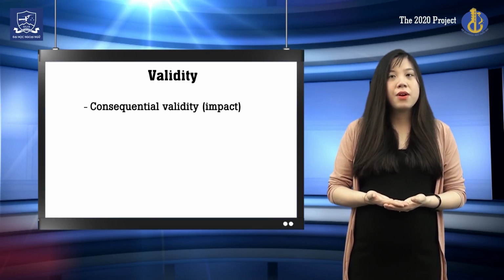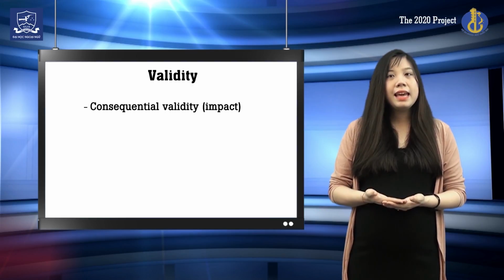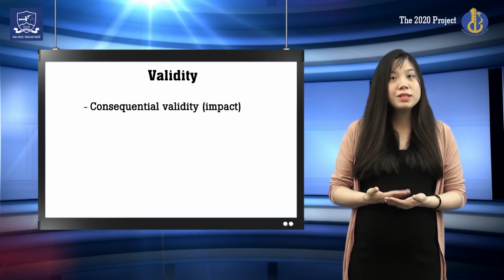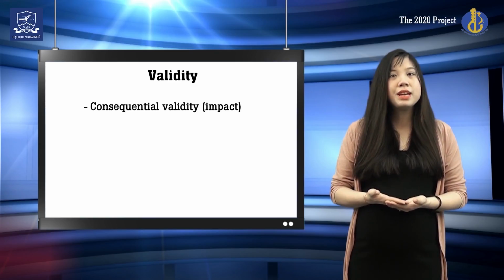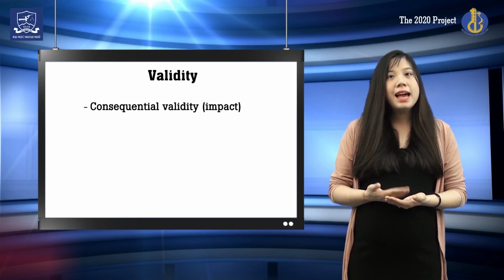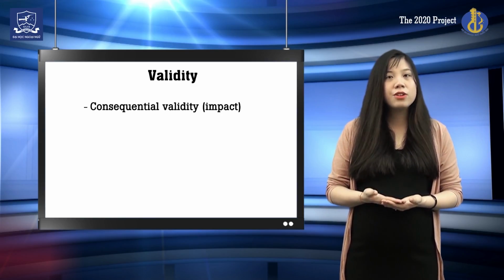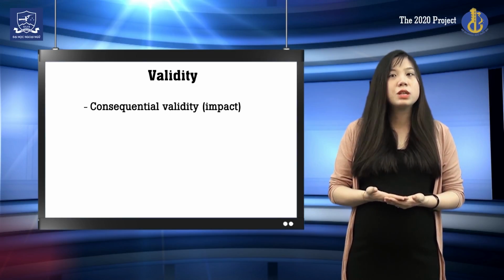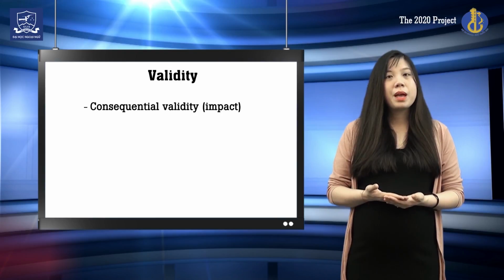Consequential validity or impact. Consequential validity encompasses all the consequences of a test, including such considerations as its accuracy in measuring intended criteria, its impact on the preparation of test takers, its effect on the learners, and the social consequences of a test interpretation and use.